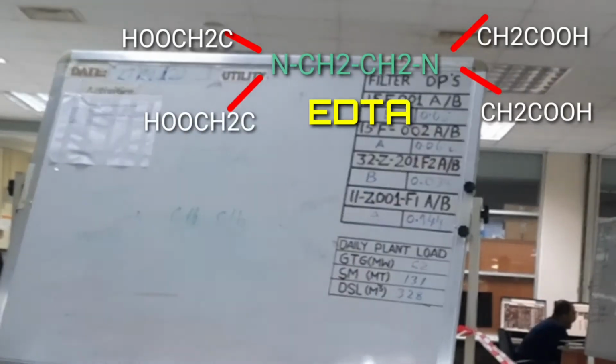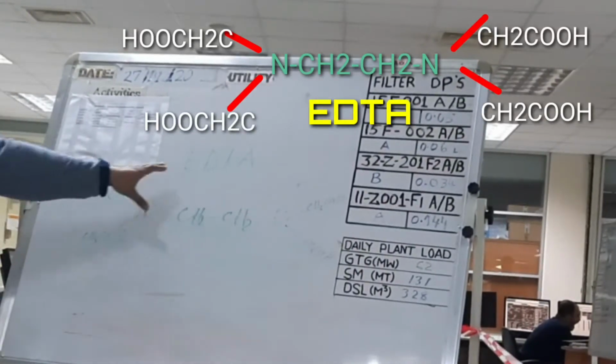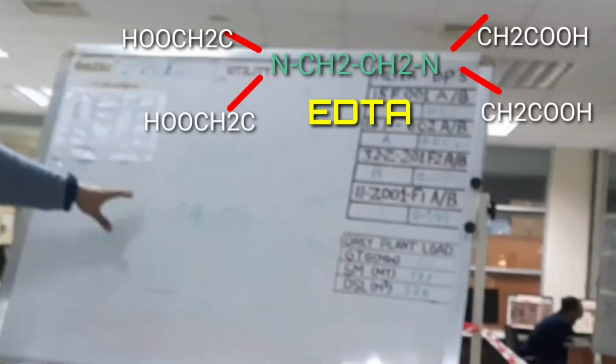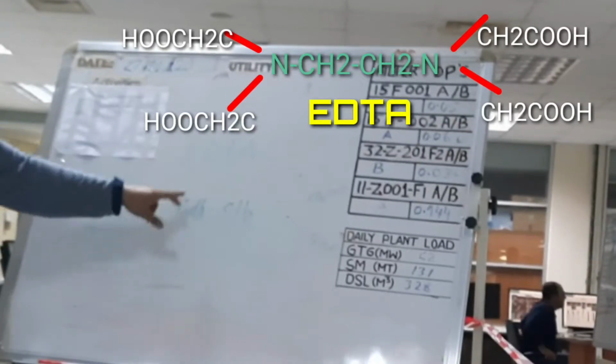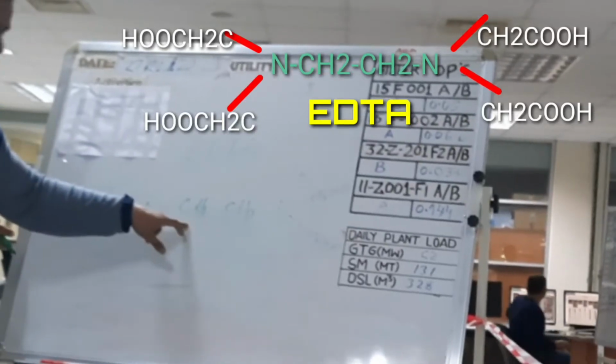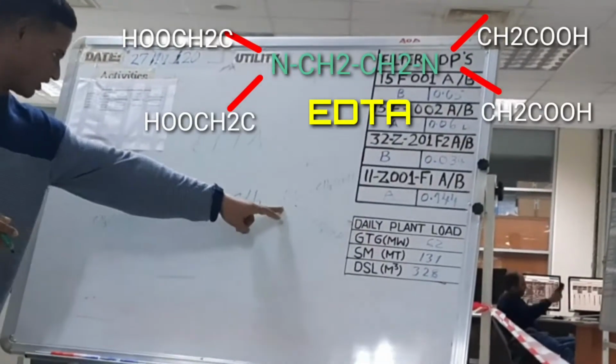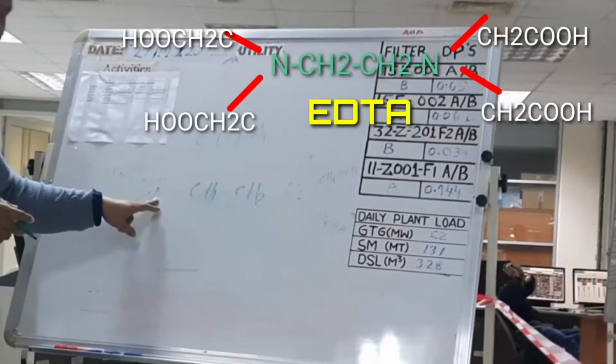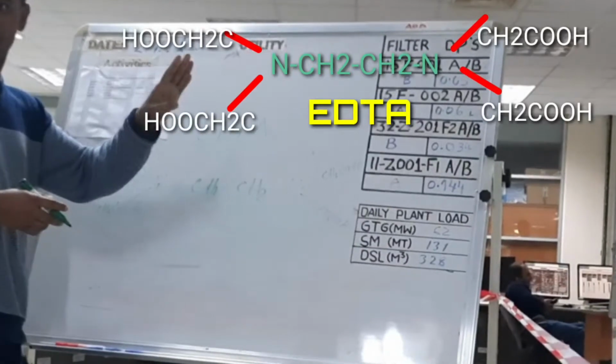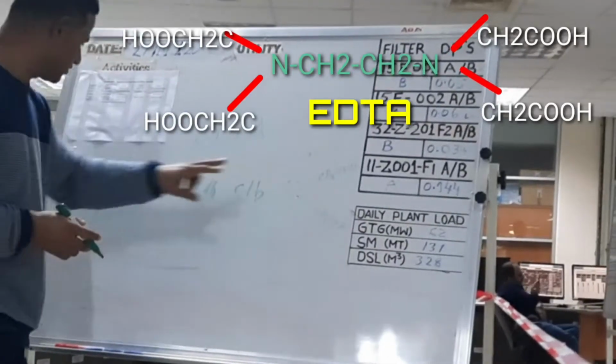This is the EDTA formation. Understand? EDTA means ethylene, then diamine, di means 2, two amines. Tetraacetic acid, tetra means 4, 4 acetic acid. So this side 2, this side 2.